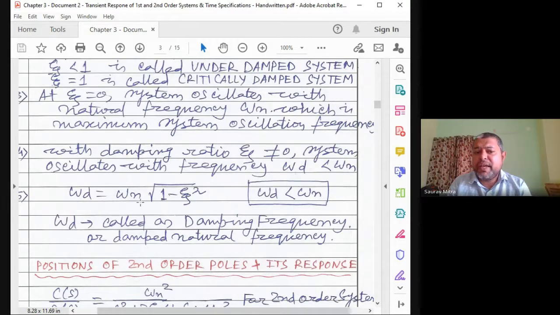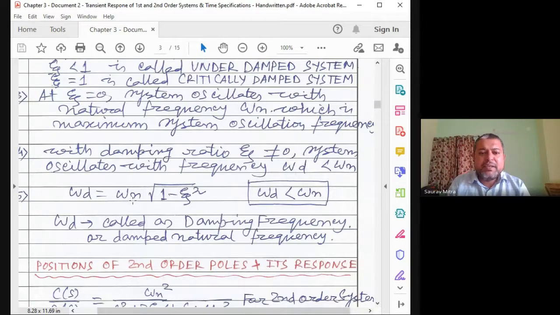Omega d is equal to omega n into root under of 1 minus zeta square. Suppose zeta is equal to 0.2. Zeta square is 0.04. So root under of 1 minus 0.04, that means root under of 0.96. So omega d will be almost 0.98 omega n.